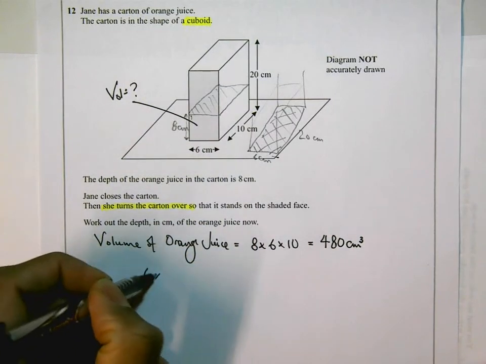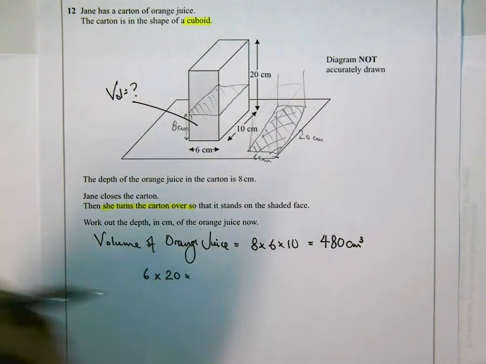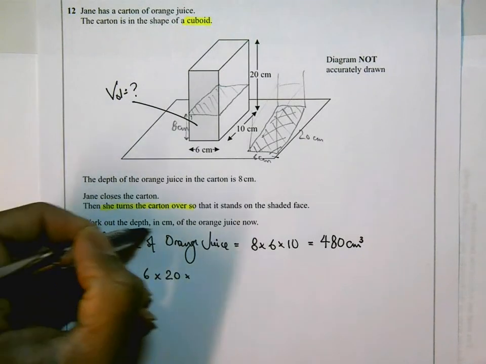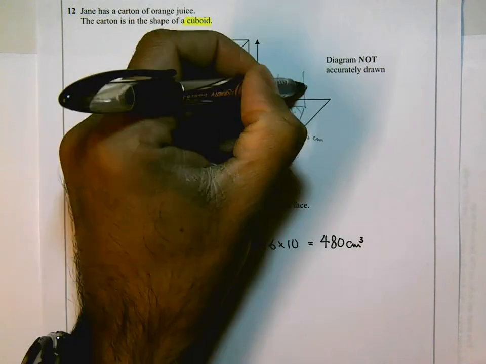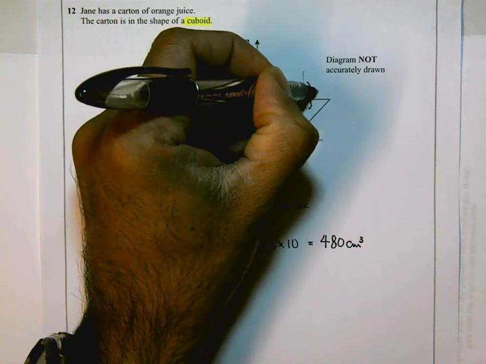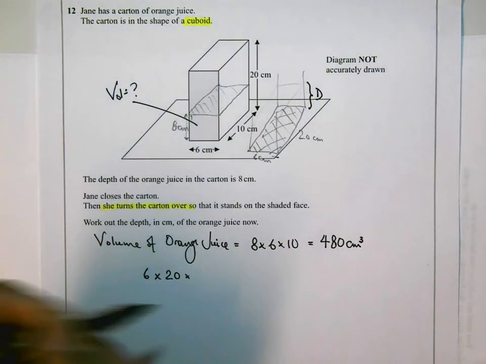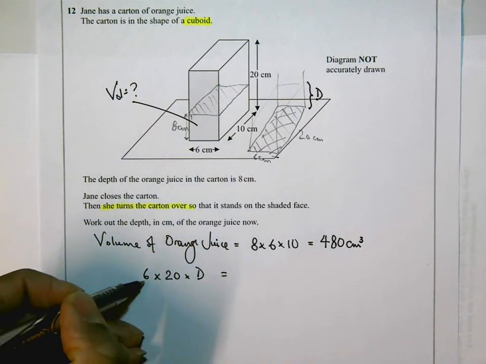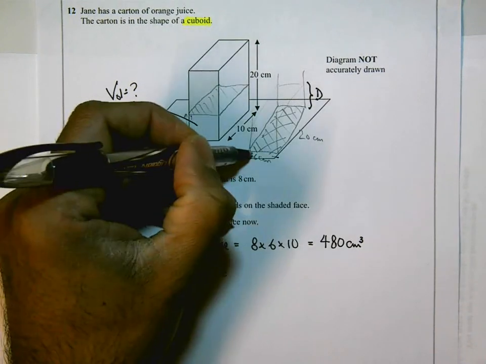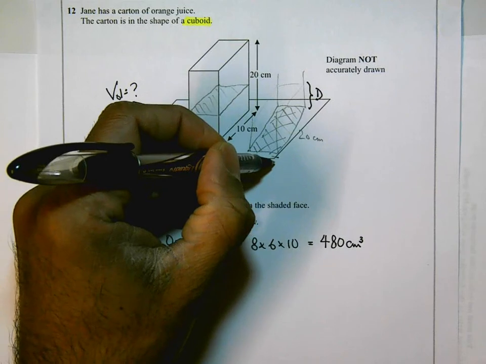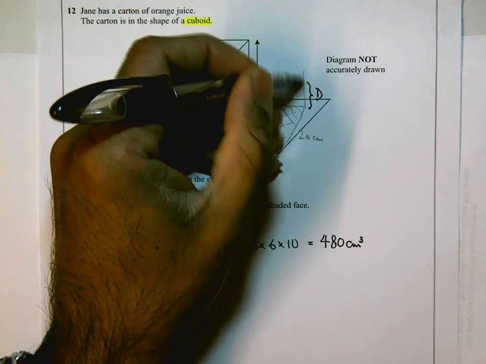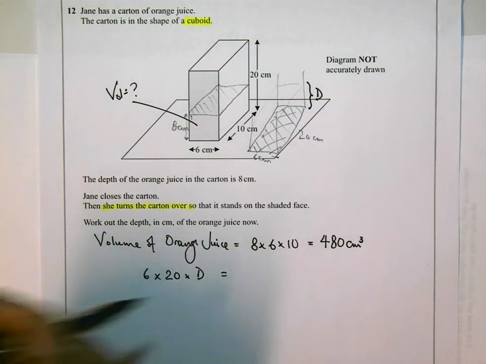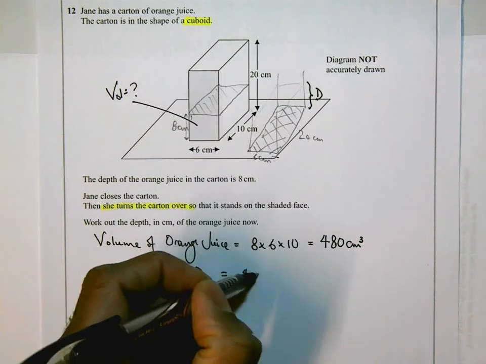And the new depth of the orange juice, how high it goes up now, let's call that D. We don't know what that is, but we know that when we times the length by the width by the depth of the orange juice, it's still going to be 480 centimeters cubed. We still have that amount in there.